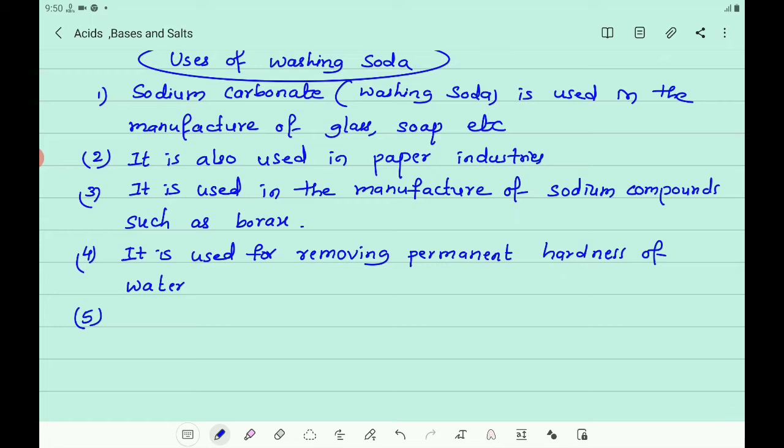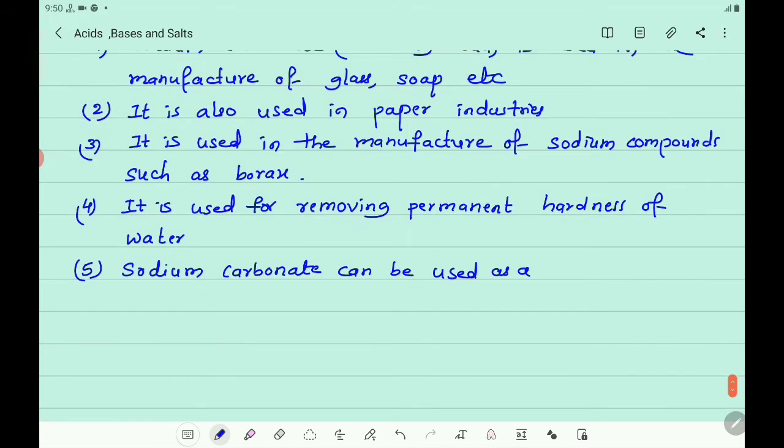So you can write that sodium carbonate can be used as a cleaning agent for domestic purposes.